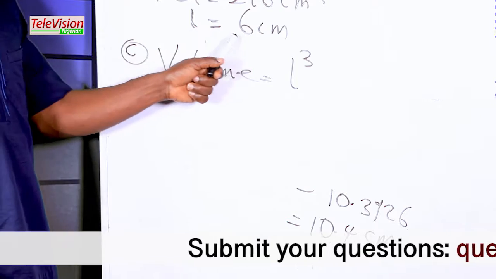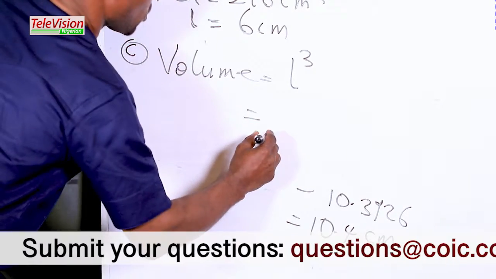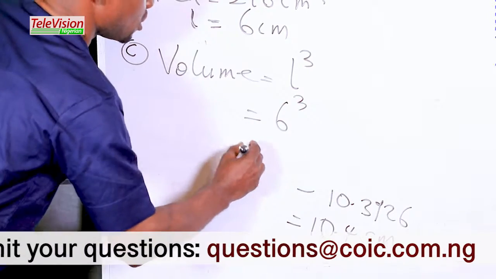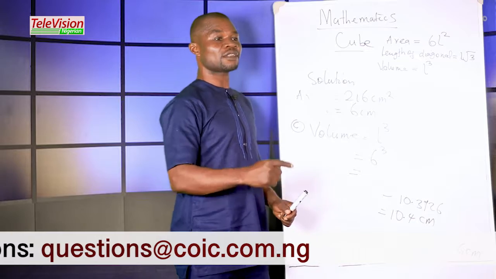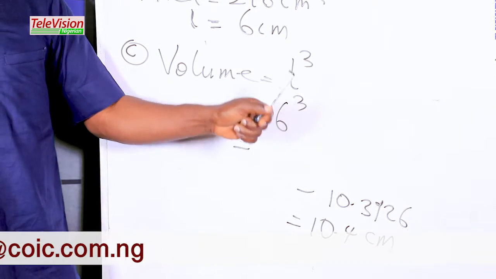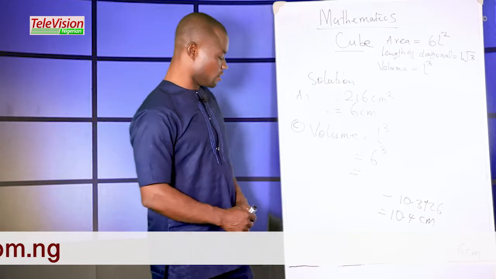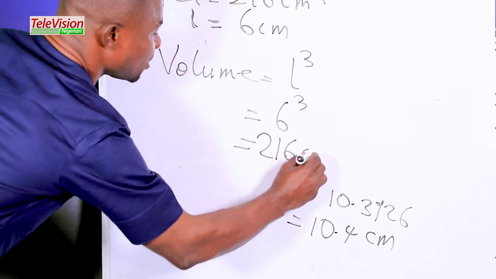So we substitute 6 for L, which is equal to 6 raised to the power 3, meaning 6 times 6 times 6. So 6 raised to the power 3 is what? 6 times 6 times 6, you are correct, which is equal to 216 cm.